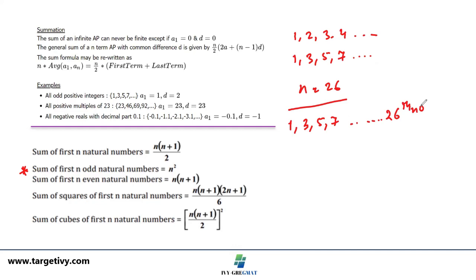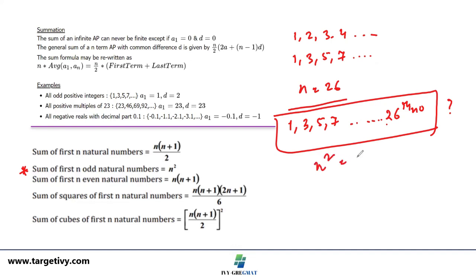Now you shouldn't say that it is till 26, obviously 26 is an even number. Till the 26th number, whatever it may be. So the summation of these numbers is the question here. If that is the thing, then if n is equal to 26, the sum will be n square, which is 26 square.